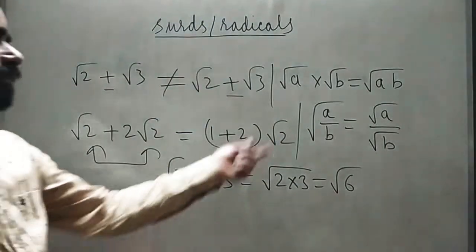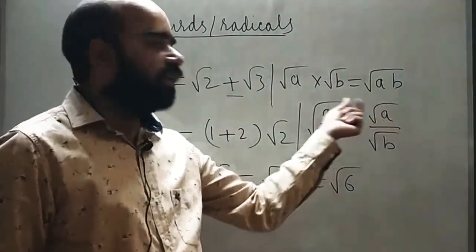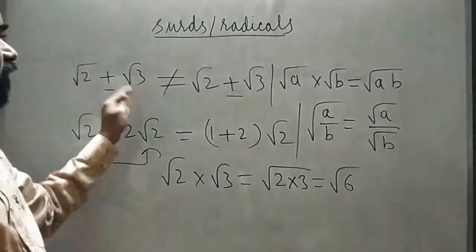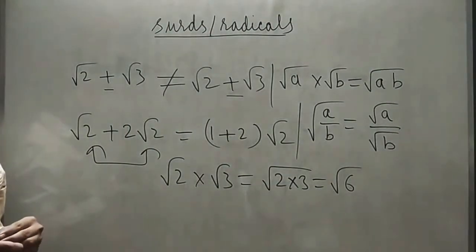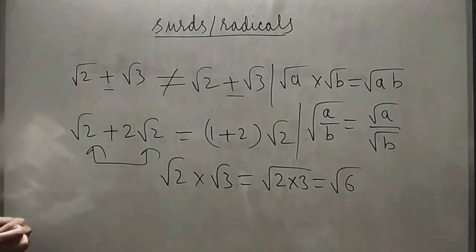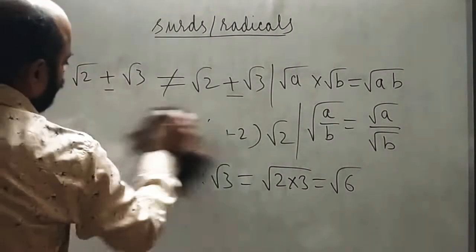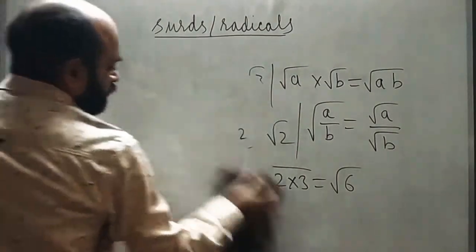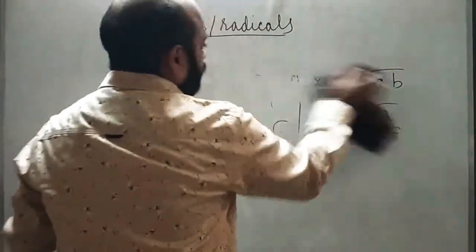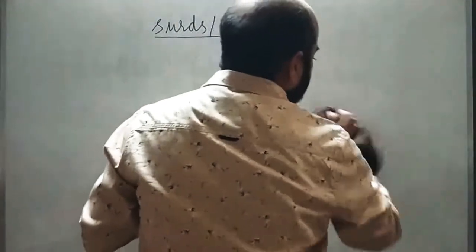It means for multiplication or division we can combine, but for addition or subtraction we cannot combine. Clear? So these are some properties we have to keep in mind when we are simplifying or doing the question.